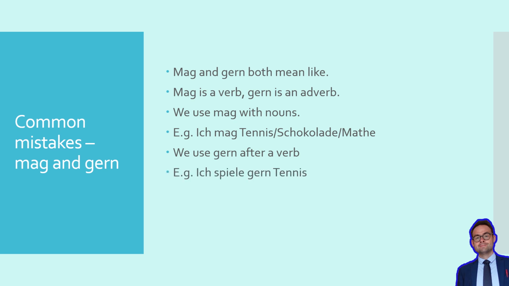So ich spiele gern Tennis. So gern it's an adverb because it's giving us more information about the verb spiele. Ich esse gern Bratwurst, or ich wohne gern in Berlin. So gern with a verb. It's just going to affect your grammatical accuracy if you use the wrong one, even though people might still be able to understand what you're saying.